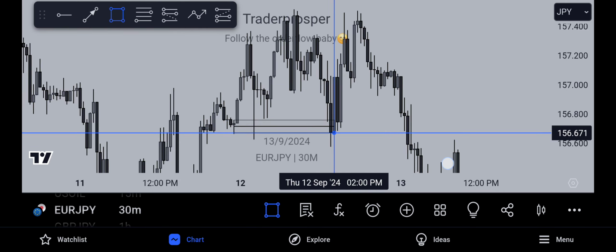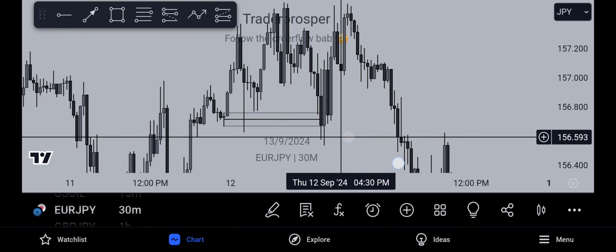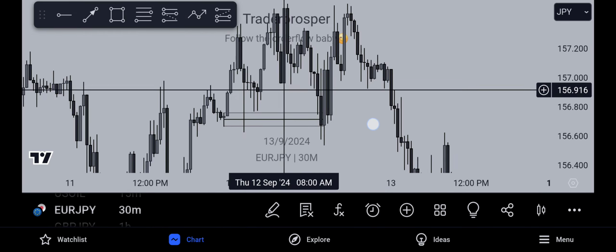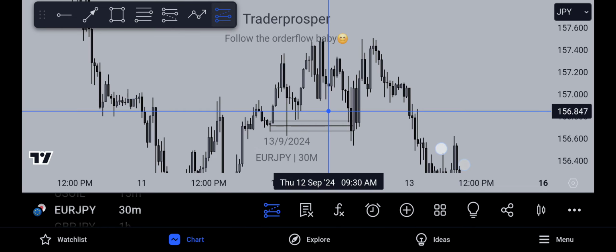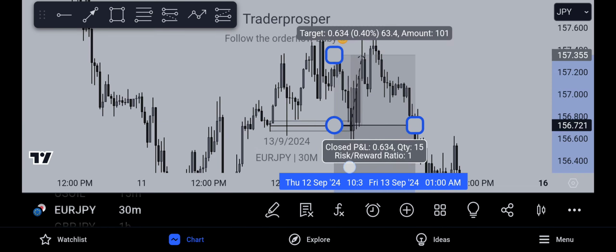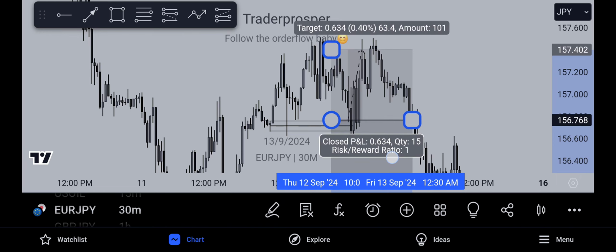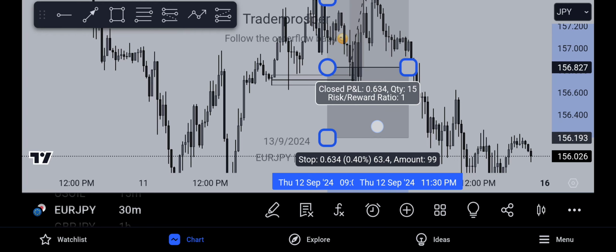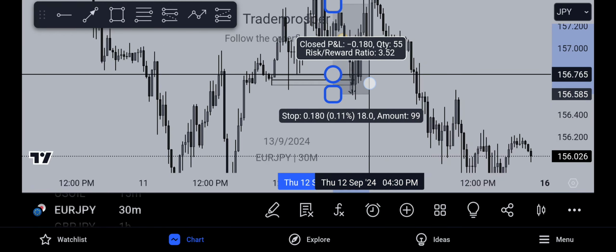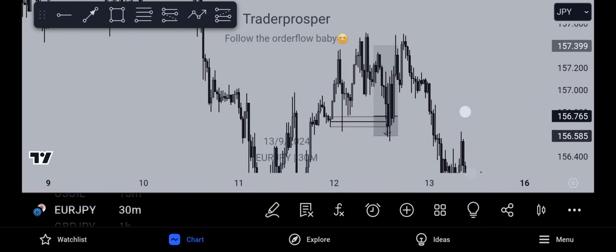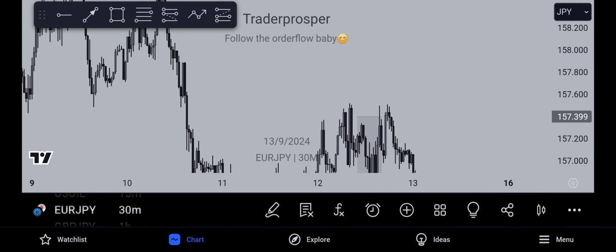That was the guy I was expecting to buy from, due to the fact we had this sweep and this was just our liquidity, and the market just turned bearish. Taking this trade is just risky. And then I just said, anything may happen, and I was targeting this guy.